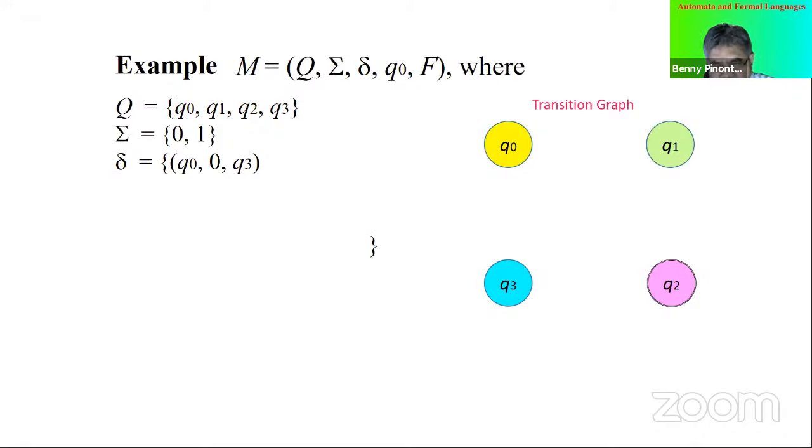Now, each member of the transition function is a 3-tuple. The first one belongs to Q, the second one is a symbol from the alphabet, and the third one is a member of Q again.